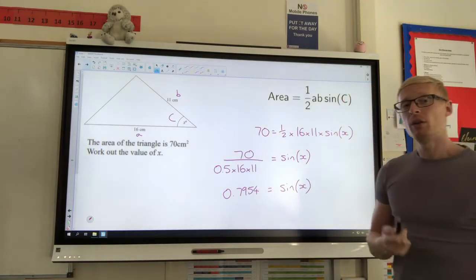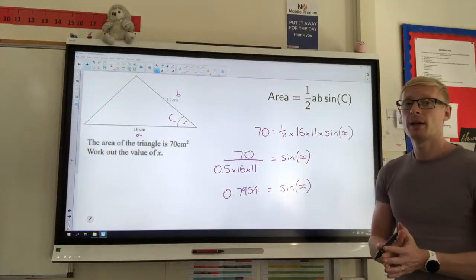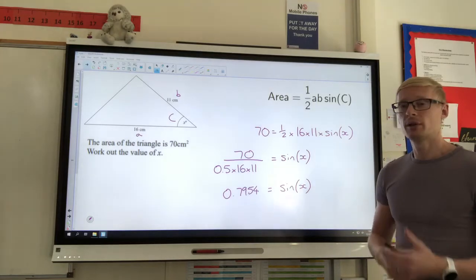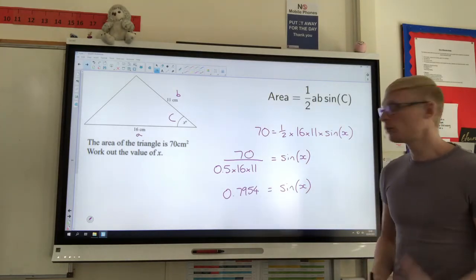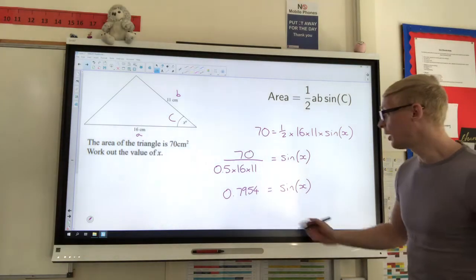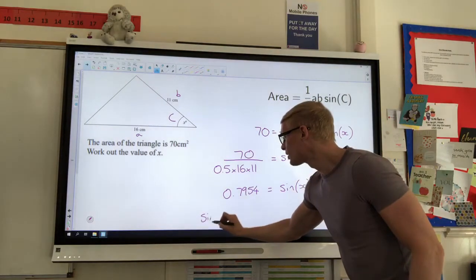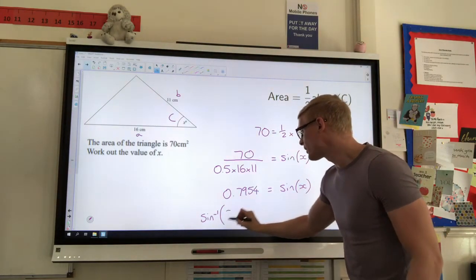Now the final part of this particular example is I need to work out x. At the moment I've got sine x, and we looked at finding angles when we were working backwards in the cosine rule and the sine rule, and what we must remember to do is sine to the minus 1 of this number. So we do sine to the minus 1 of this answer, so you can use the answer button in your calculators.